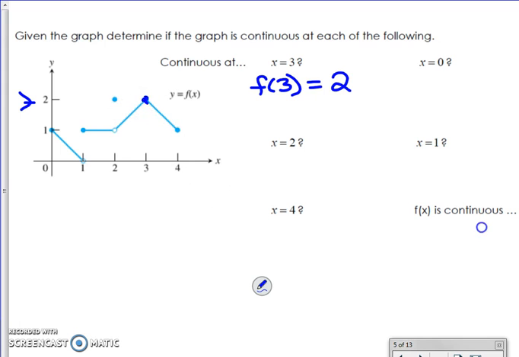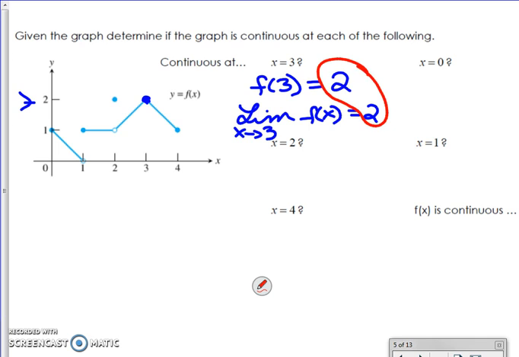So that part exists. Now, I need to show that the limit exists. So the limit as x approaches 3 of f of x also equals 2. Since those 2 things are the same, 2 equals 2, that tells me that yes, it is continuous.